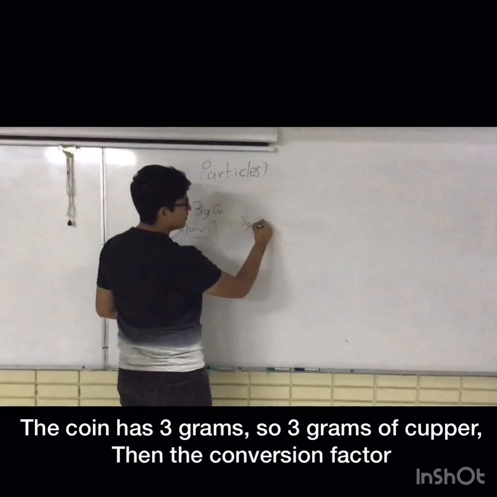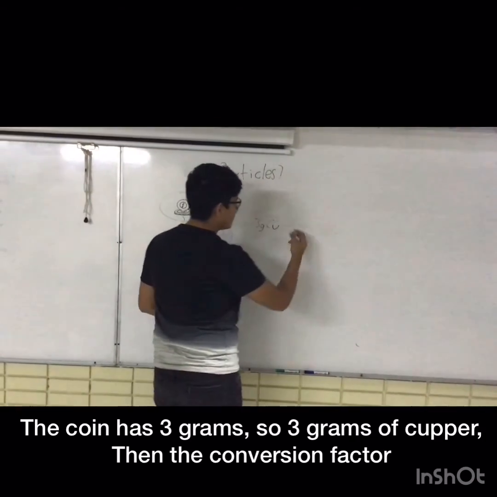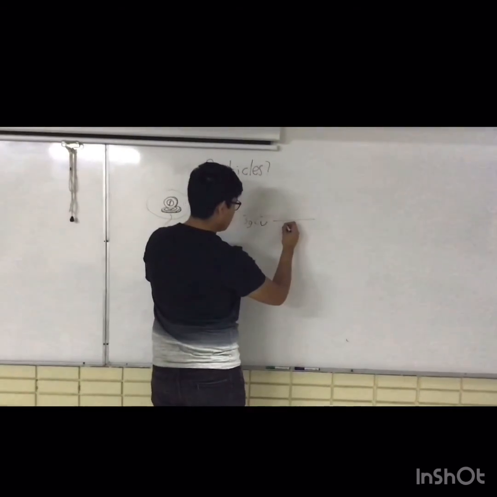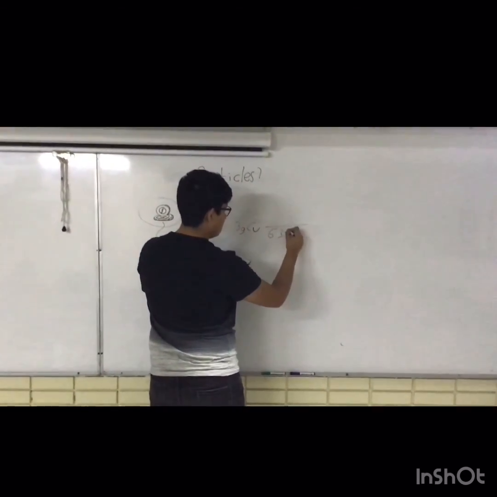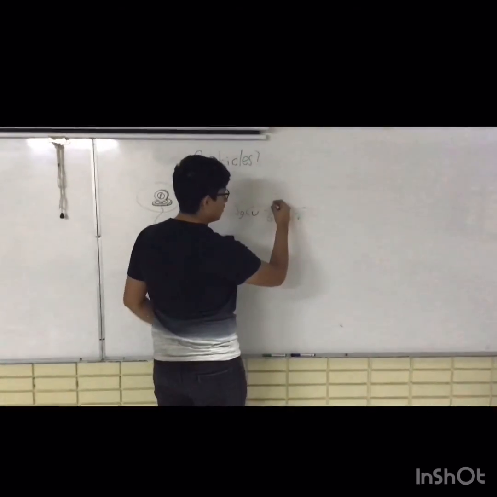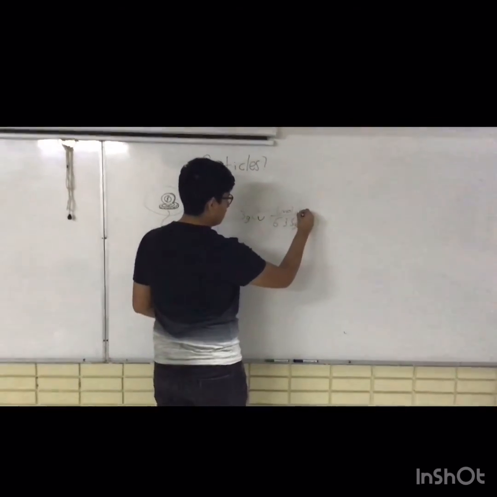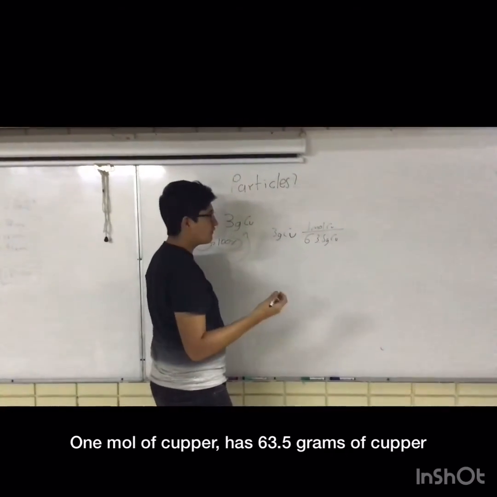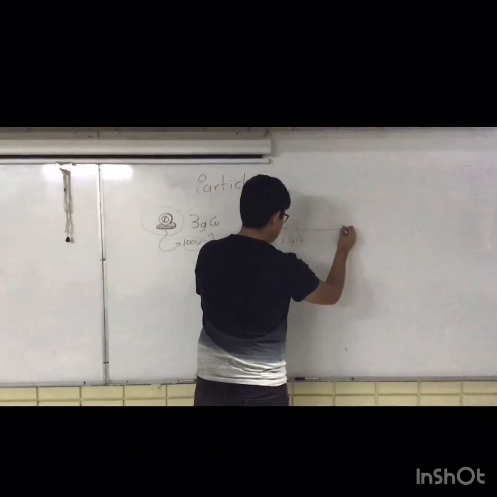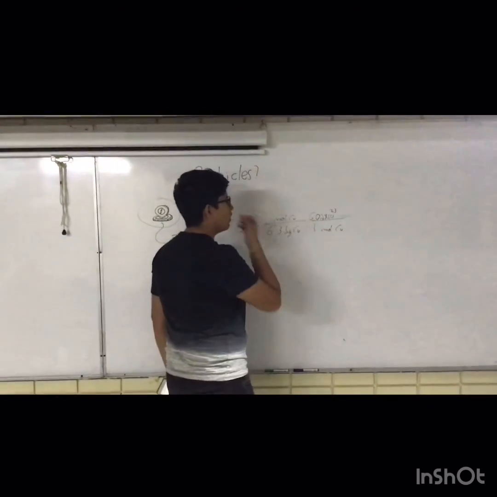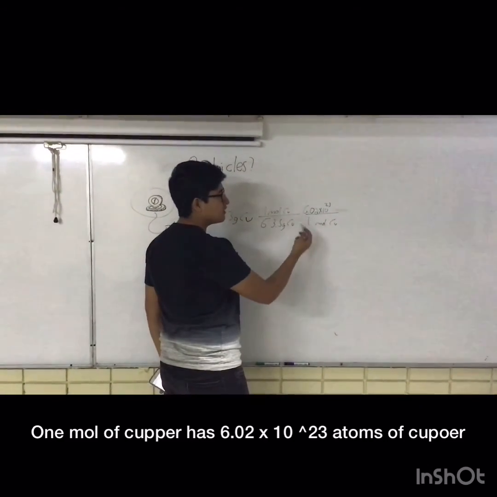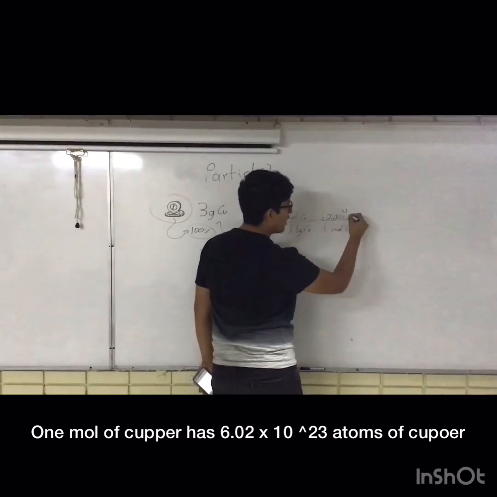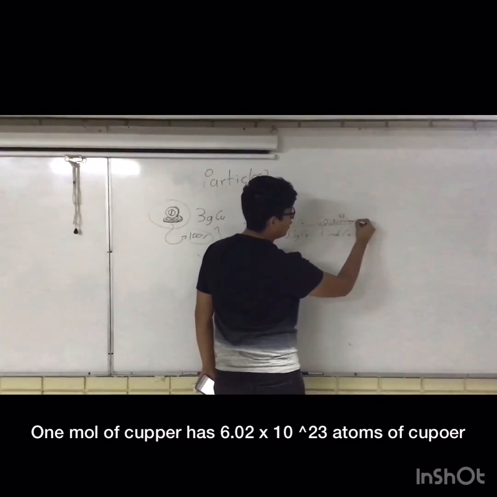So 3 grams of copper, and then the conversion factor: one mole of copper has 63.5 grams of copper. Well, 1 mole of copper has 6.02 times 10 to the 23 atoms of copper.